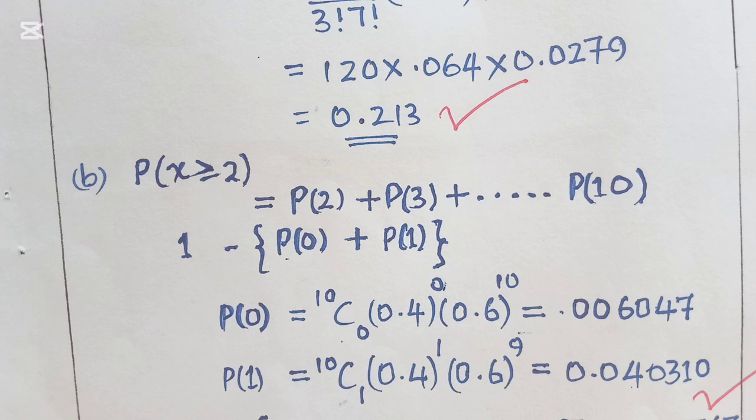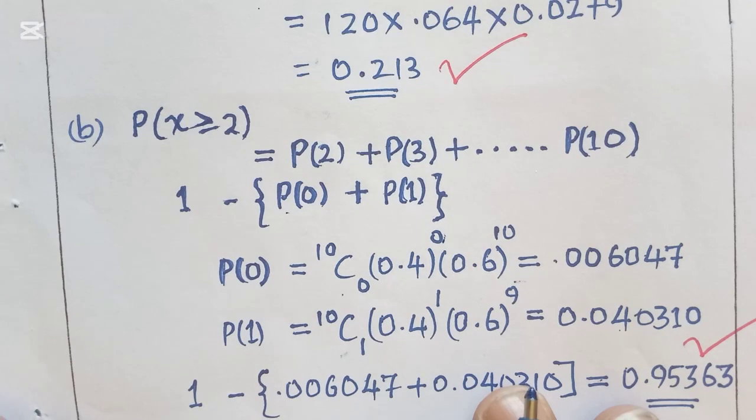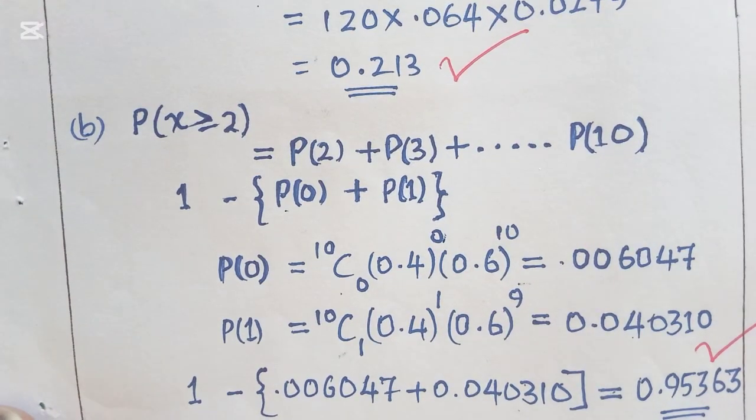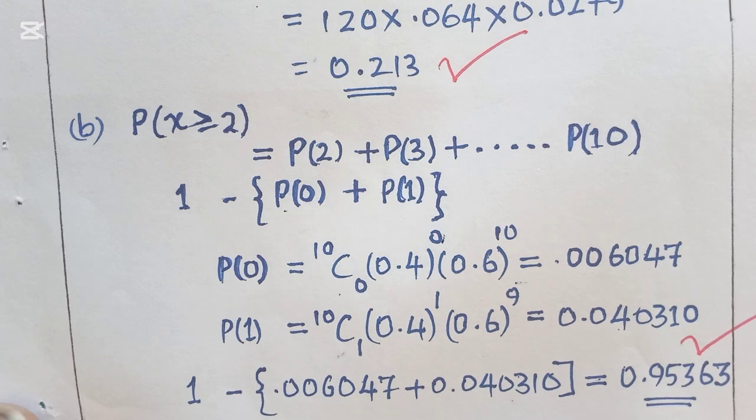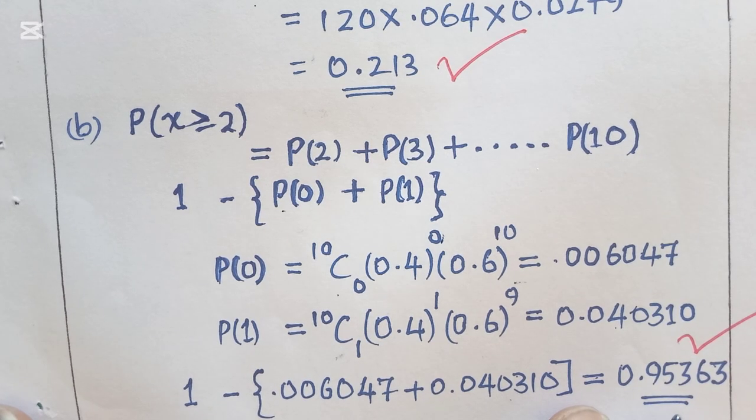So it will be 1 minus that, and you will get this answer. So the probability that at least 2 resistors are defective is this. So guys, that's how you go about this problem.